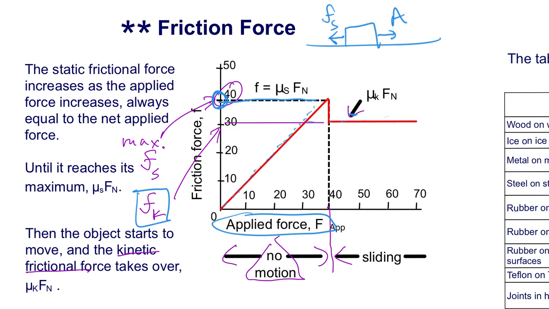It looks like 40 newtons here. And then after that, it drops to some value right here. Then you just read across. And that would be your kinetic friction right there, on the 30.